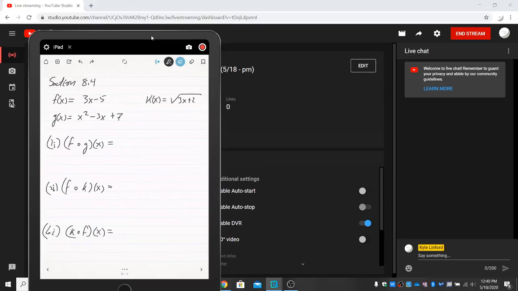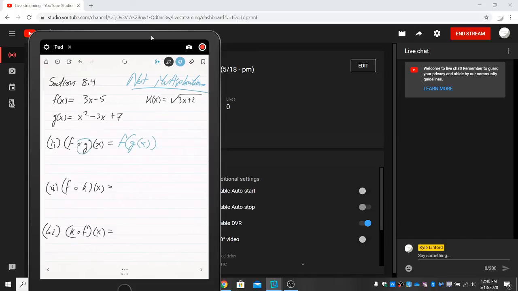This is not multiplication. Let me point this out to you. Not multiplication. We are not multiplying polynomials here, okay? We're not multiplying expressions. What we are doing is we're going to plug expressions in for each other. What I mean by that is this. F after g of x means take the function f and plug the function g in for it, okay?